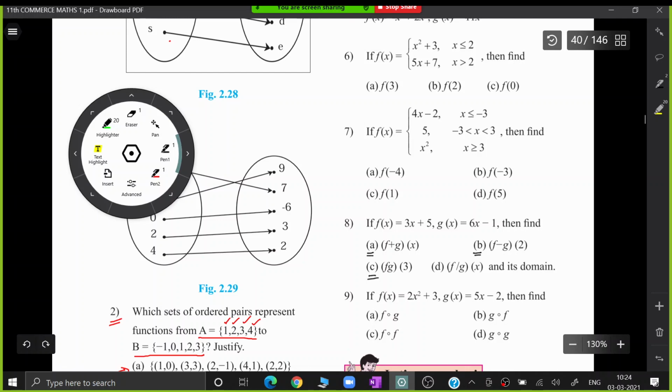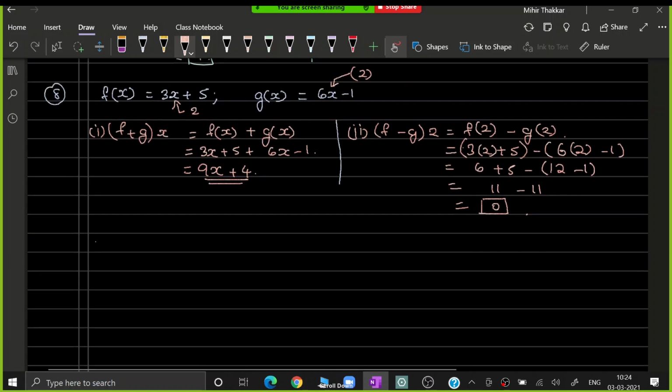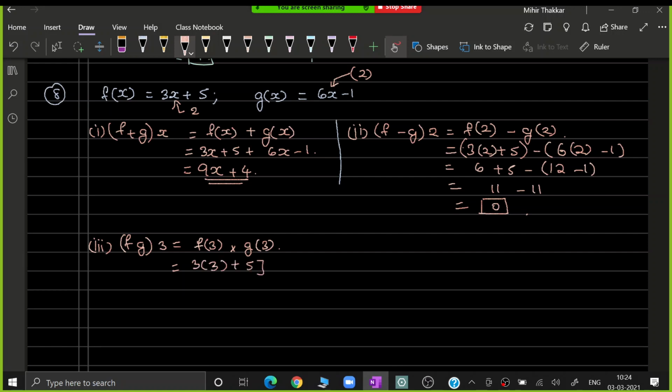So let us understand what we can do in this. f of 3 multiplied by g of 3, now what is f of 3? 3 into 3 plus 5. I am replacing x by 3 in case of f(x), multiplied by g, that is 6 into 3 minus 1, sorry.